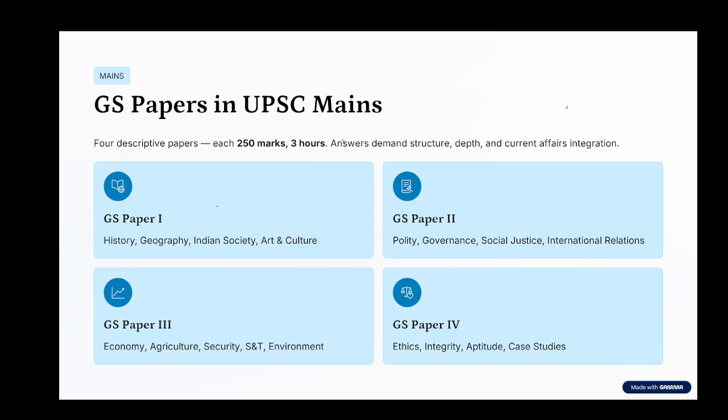So in paper 1 we have history, geography, Indian society, art and culture. Whereas in paper 2 we have polity, governance, social justice, international relations. Coming to paper 3 we have economy, agriculture, security, science and technology.